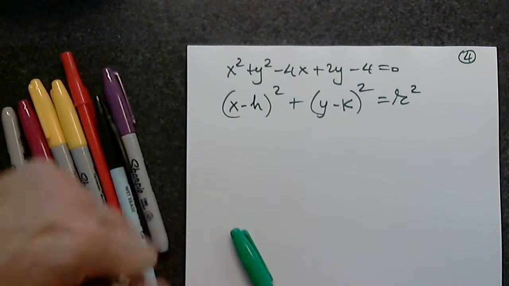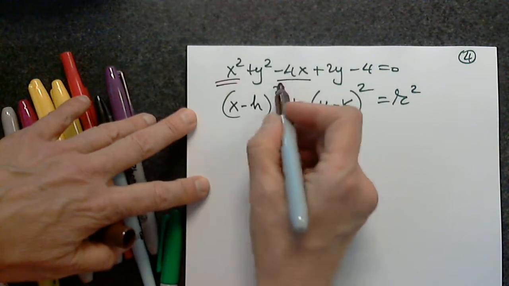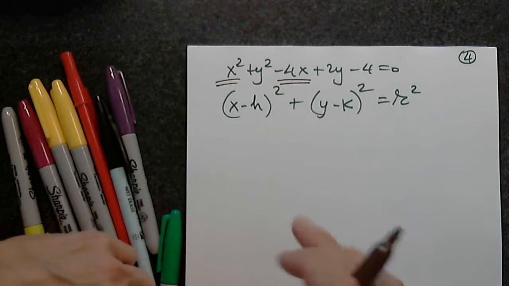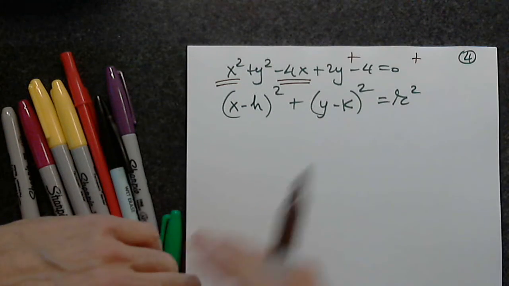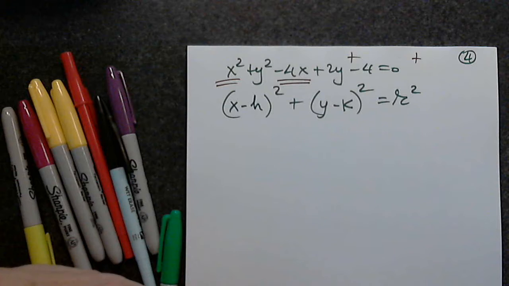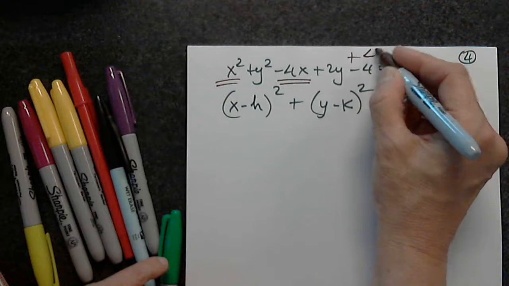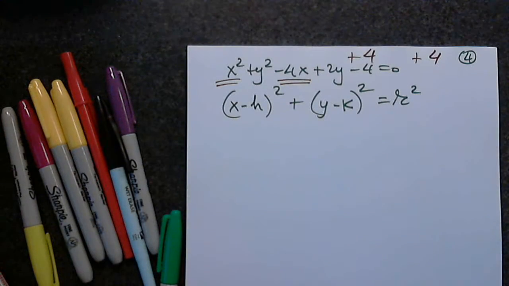Okay, so then I'm looking at x squared and negative 4x, and I know what I have to add to both sides. What do I have to add to both sides to complete this square? 4, right? Because it's negative 4 divided by 2, which is negative 2. We square negative 2, and we get 4. I would like to remind you that this was the method we applied in solving quadratic equations, and I said, no, this is not for this.